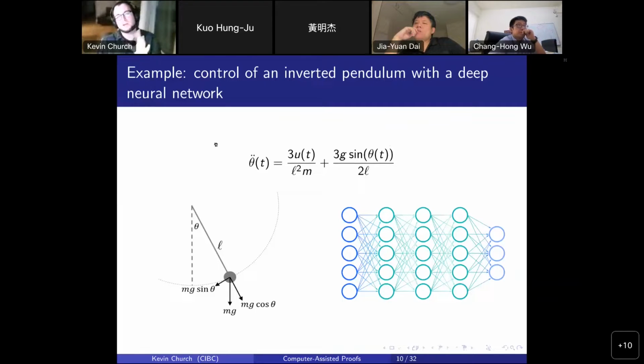There's a 3 here, but this is mostly because we're analyzing a network that was developed by other people, and we're just trying to understand how well it works. So you can ignore the constants, but basically we're stabilizing the inverted pendulum, and we have a controller, U, which is going to be a neural network. We're interested in questions like how well this controller behaves.